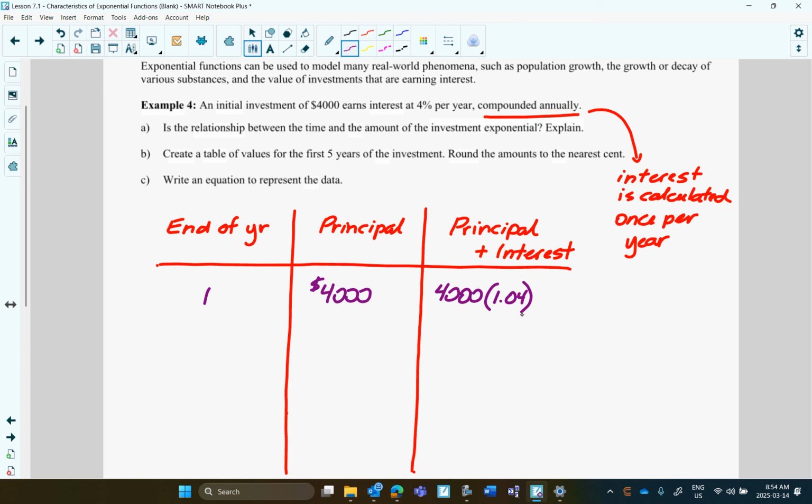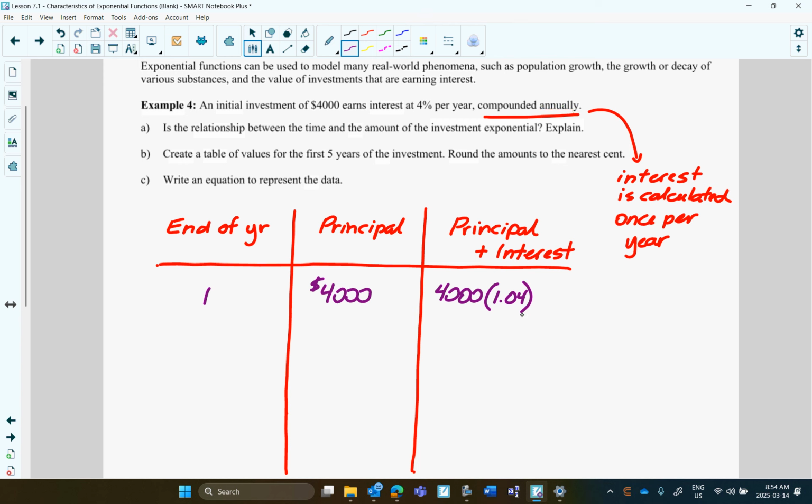That's a quick way to find your principal and your interest. Think of this as a percent. Your investment is going up by 104%. You're getting the 100% of that 4,000 and 4% of 4,000. So how do I find 104% of 4,000?